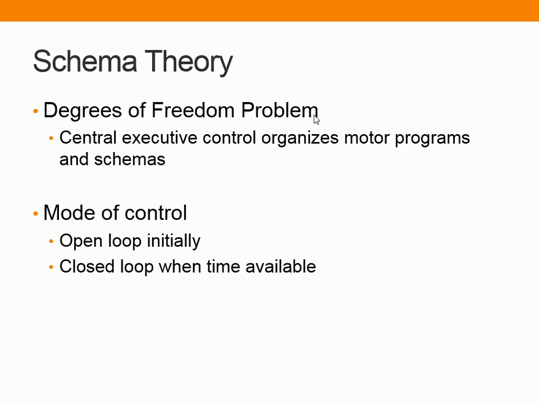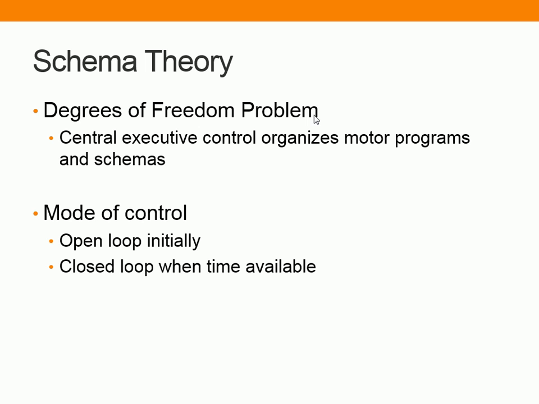So when we look at motor control under schema theories, remember we talked about the closed loop system and the open loop system. With schema theory, we're saying that we are starting our movement from a motor program, and so that would suggest we have these initial plans that are coming from the generalized motor program that we're going to operate and send out there. So any movement that we execute would basically start with open loop control.